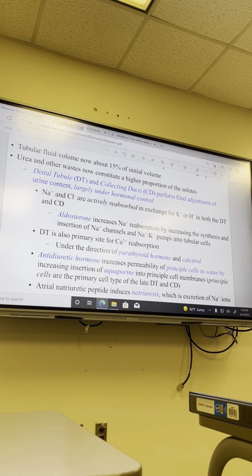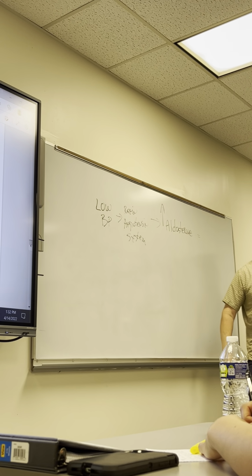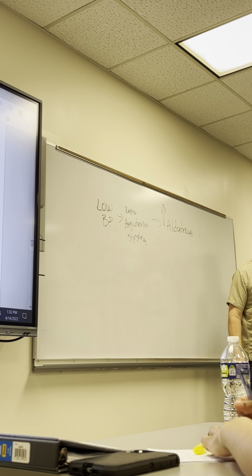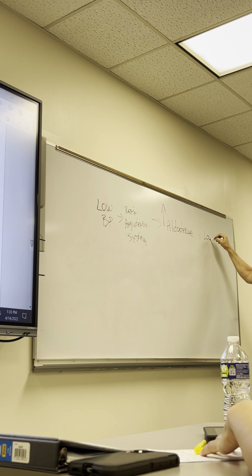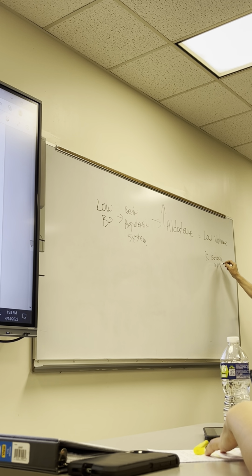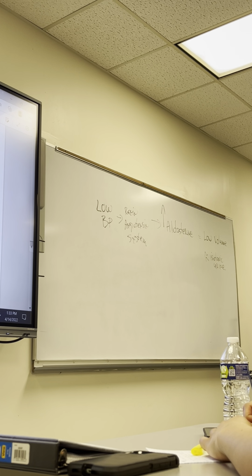In response to increasing aldosterone, you're going to be activating pumps for salts, and that will pull out water as well on the distal tube and a little bit of collecting ducts. Because of that, you'll produce a relatively low volume of roughly isotonic urine.